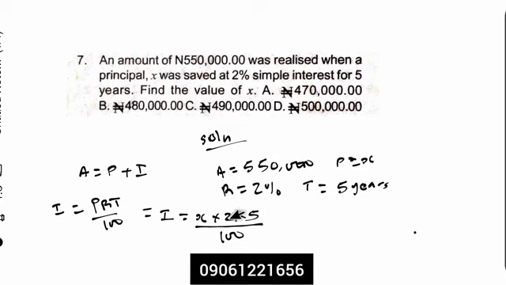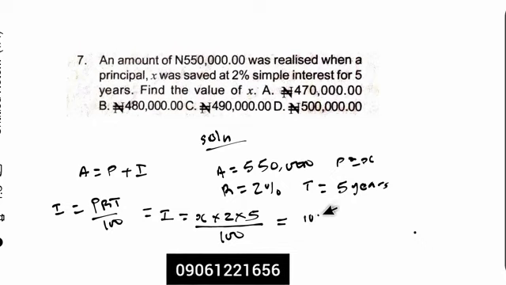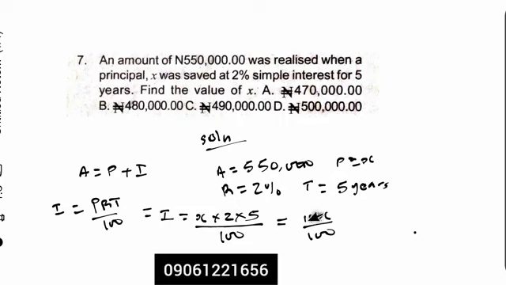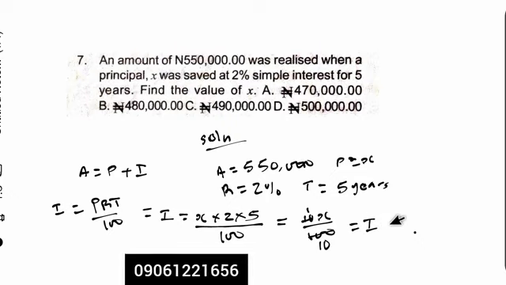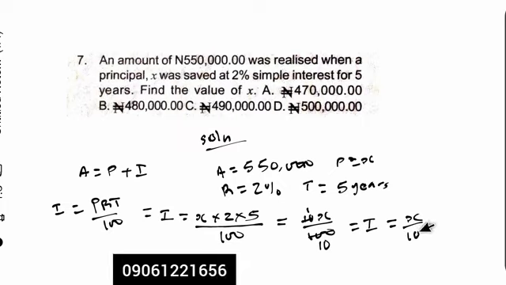2 times 5 is 10, times S, that is 10S, divided by 100. So 10 can be divided into 100, giving 1 over 10. Therefore the interest is equal to S over 10.